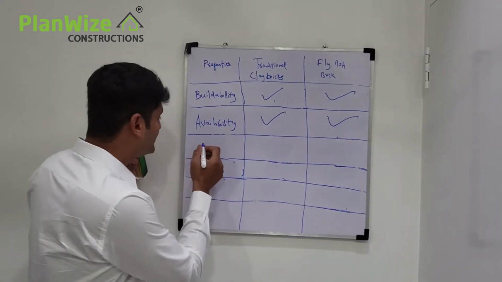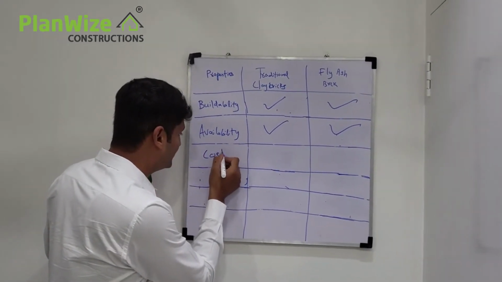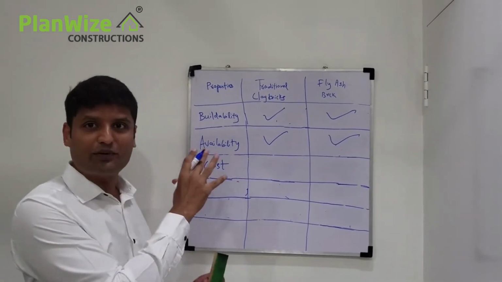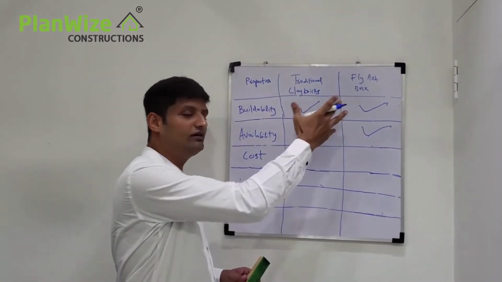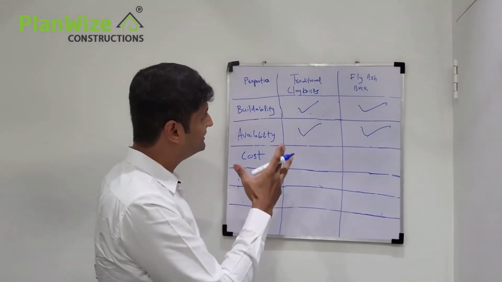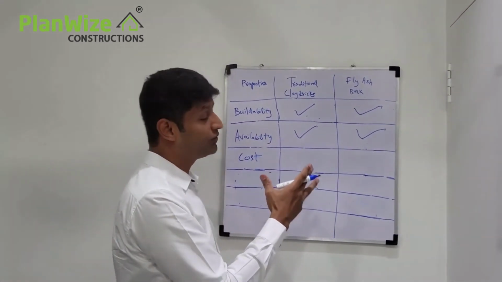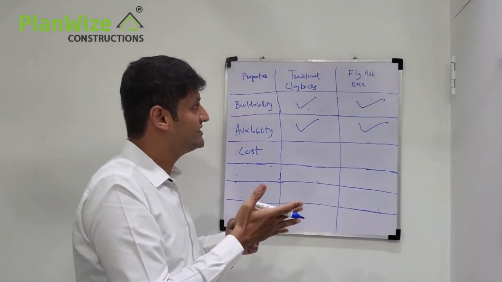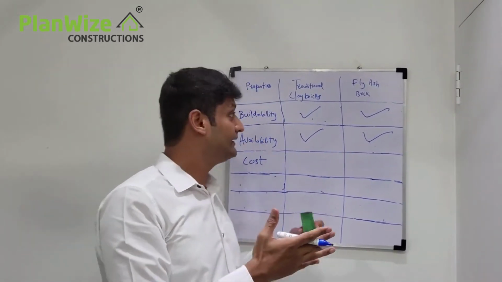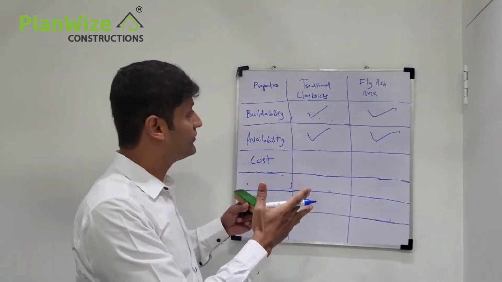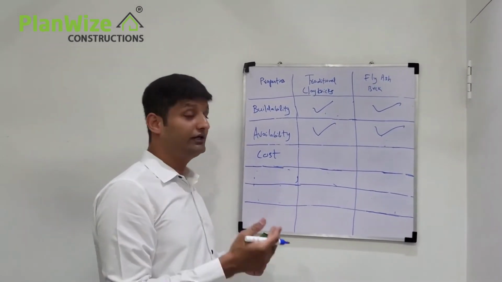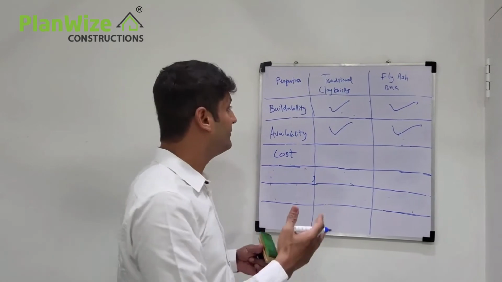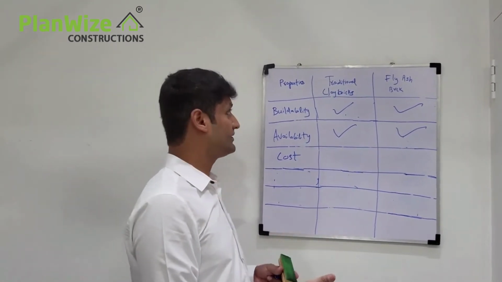Okay, the next point is the cost. See, I know this is the point most of us would consider. So as I told, fly ash brick is less prone to cracks and it is of uniform size and shape, and it produces less wastage during transport and handling, and it requires less mortar for the brickwork as well as for the plastering.